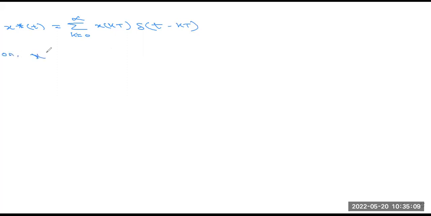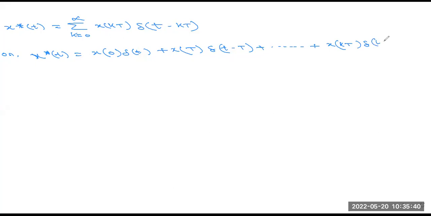That is also x asterisk of t. These are the different values of k. First x of 0 into delta t, plus x of capital T into delta of t minus capital T, plus so on, then x of kT into delta of t minus kT, plus so on.